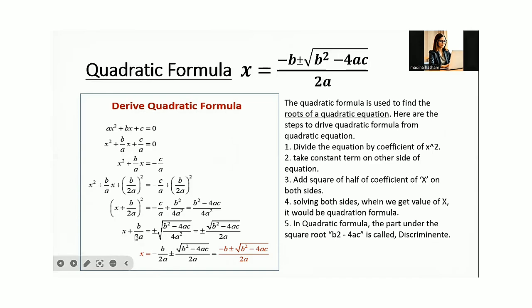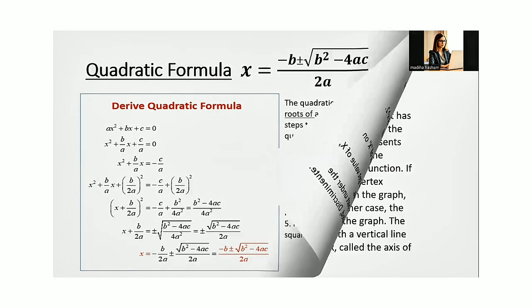So, as it is plus b over 2a, when we take it to the other side of the equation, it would be x is equal to minus b over 2a plus minus square root of b square minus 4ac over 2a. And by taking LCM, it would be the final form of the formula. So these all are the steps to derive this quadratic formula.